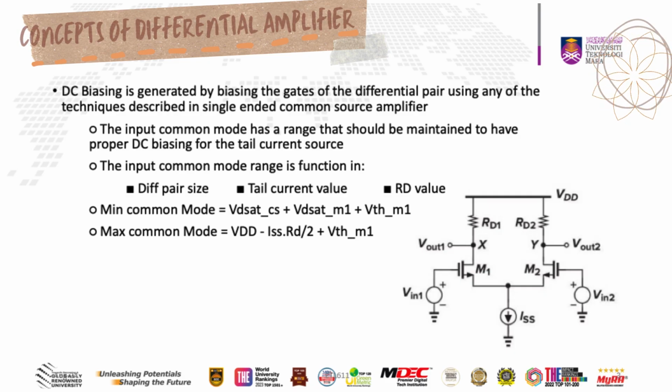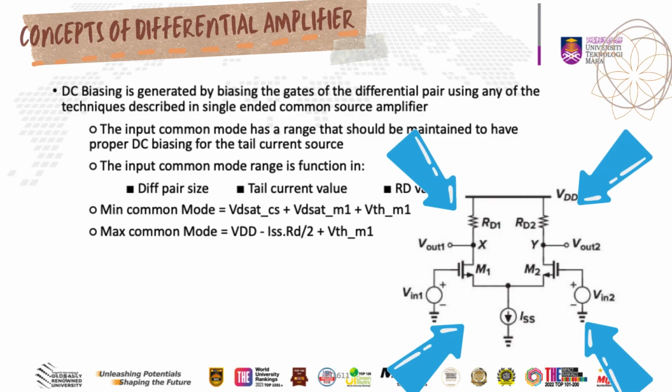The maximum common mode is defined as VDD minus Iss times RD over 2 plus the threshold voltage of M1. This represents the maximum input voltage that the circuit can handle without the transistor entering the triode region.